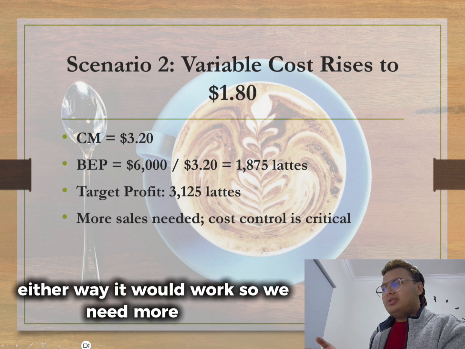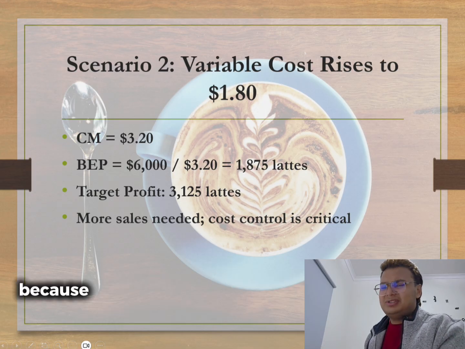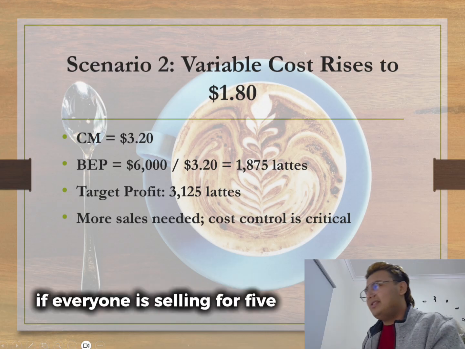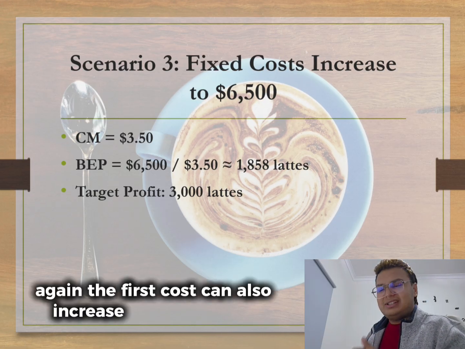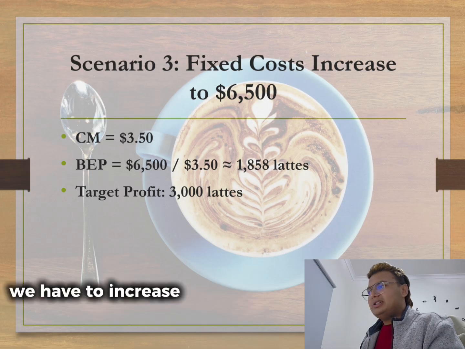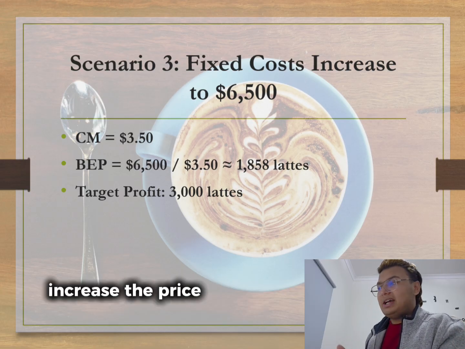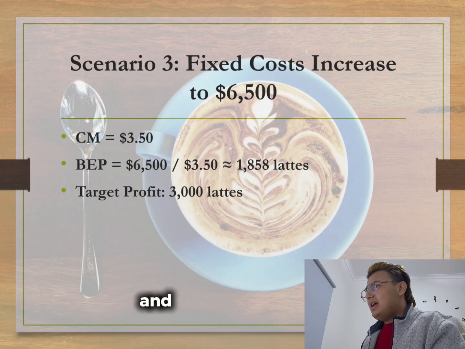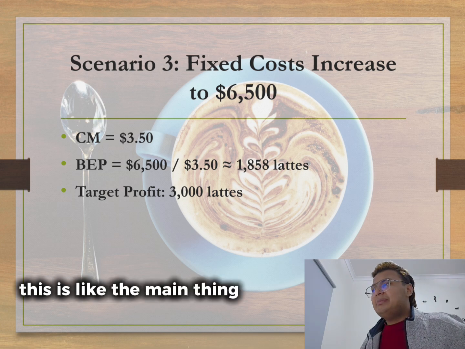So we need more sales, and cost control is crucial because nobody's going to buy a latte for $10 if everyone is selling for 5. Again, the fixed cost can also increase. It's the same thing: we have to increase latte sales or increase the price so the contribution margin is higher. And this is the main idea.